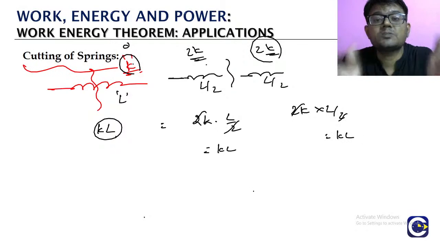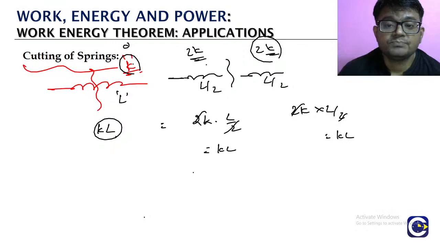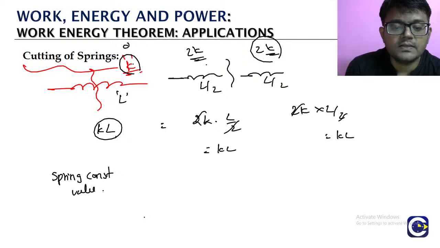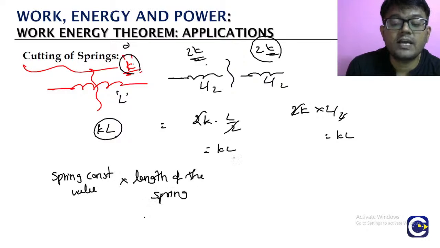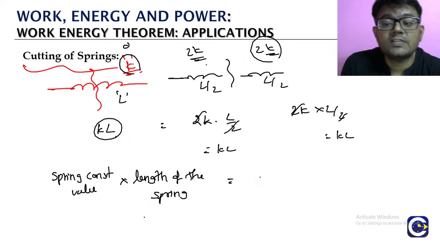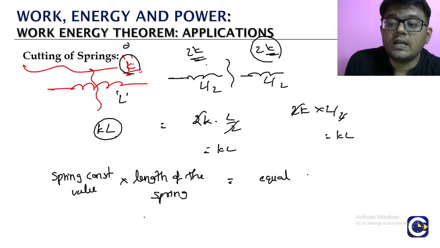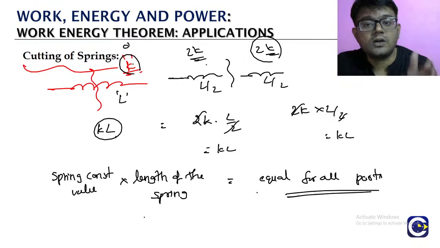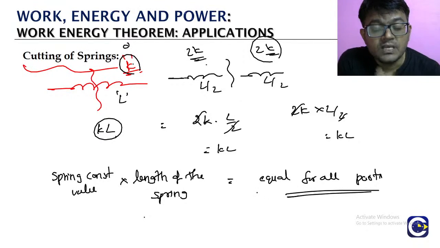So when you're having a spring and you're cutting it into different parts, the spring constant value multiplied by the length of the spring will be equal for all the parts.